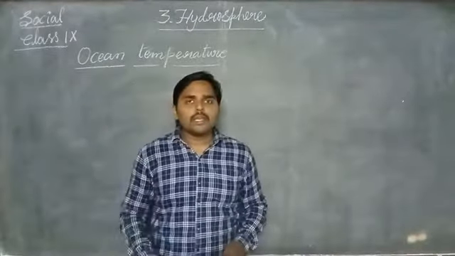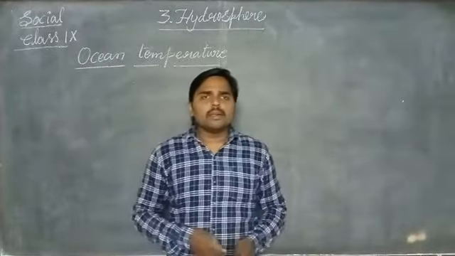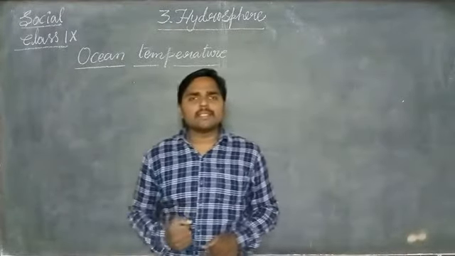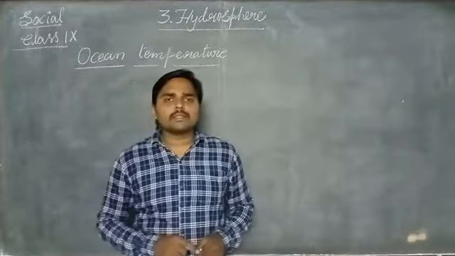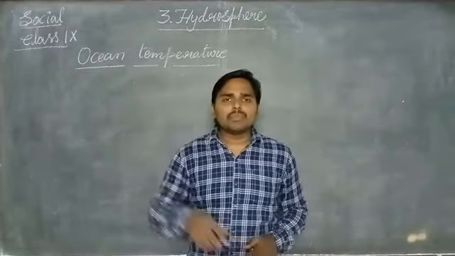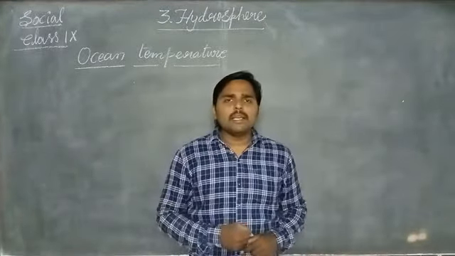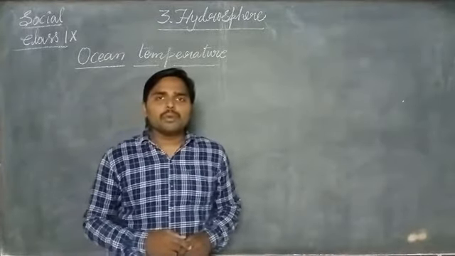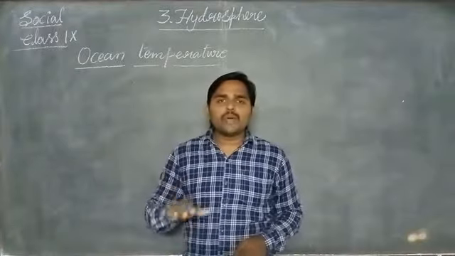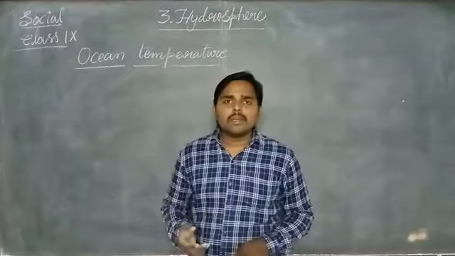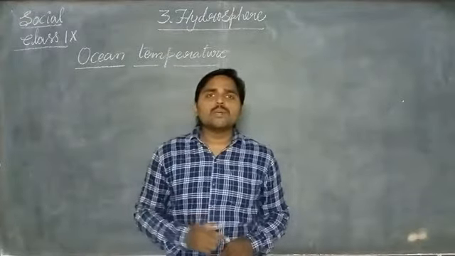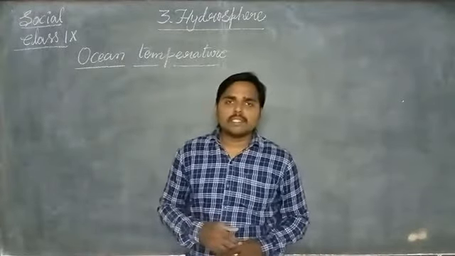As one goes deeper inside the oceans, the temperature decreases rapidly for about 1 kilometer, and then the temperature stays steady up to 5 kilometers, and after 5 kilometers the temperature remains constant at 2 degrees Celsius.